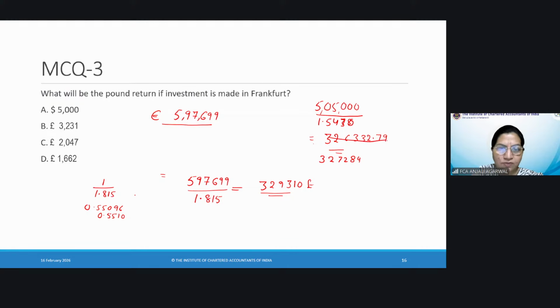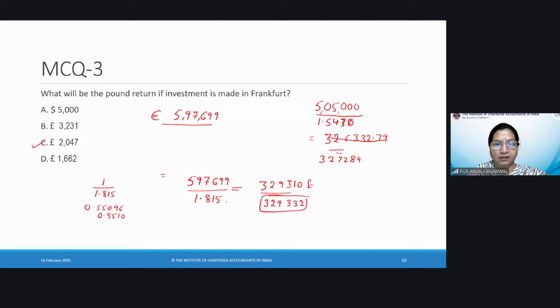So if I use 597,699 into 0.5510, I get 329,332. I'm getting a different answer. And then if this is subtracted from the original price, you get 2048 or approximately this is the answer.